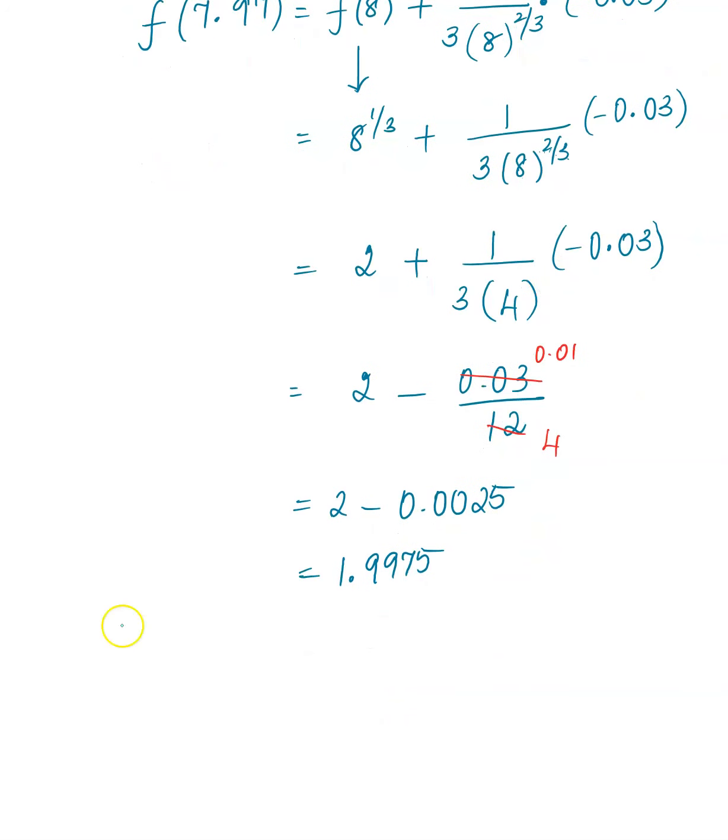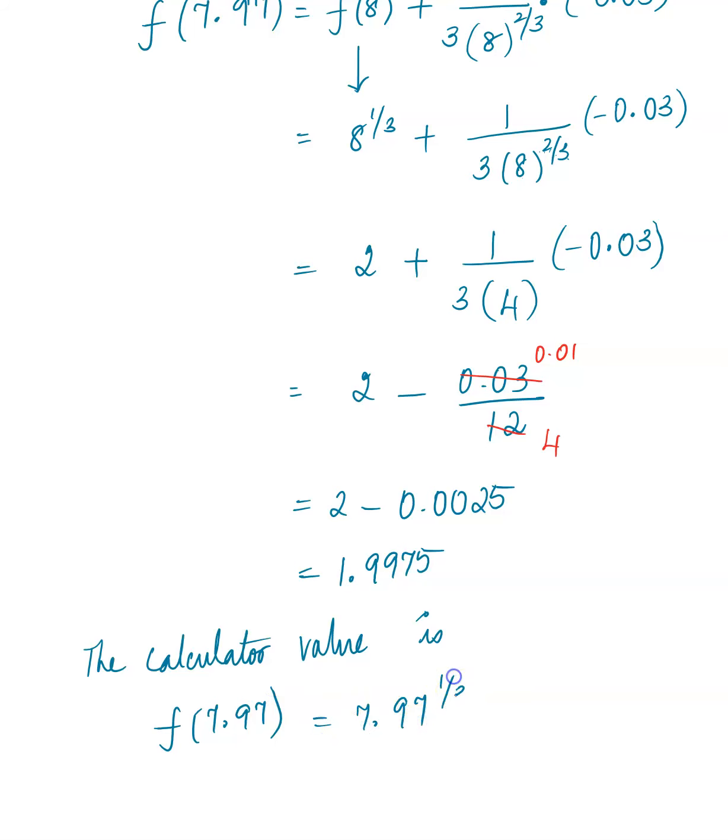Okay. So I'll just say the calculator value for f of 7.97 is basically 7.97 power 1 over 3. So you can actually do that on your calculator right now. And for power 1 over 3, of course, use the caret symbol.